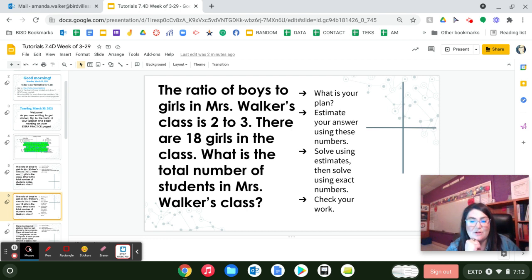Now in this problem, we don't have any fractions or decimals. We only have whole numbers. So you might not really have to estimate in this situation, but you could use things to solve proportions. You could use scale factor. All right. One of the things with this problem is to make sure that you're finding the total number of students, not just how many boys there are.